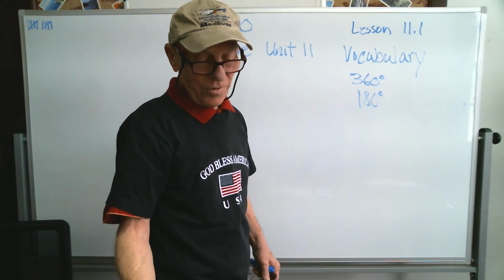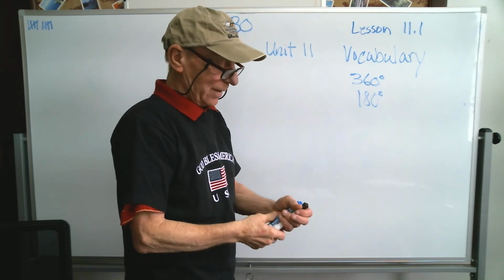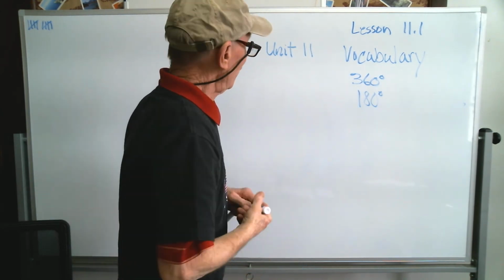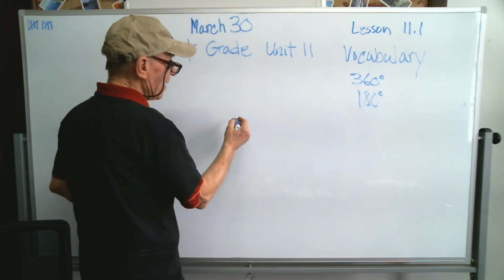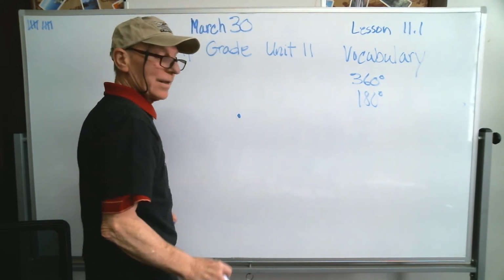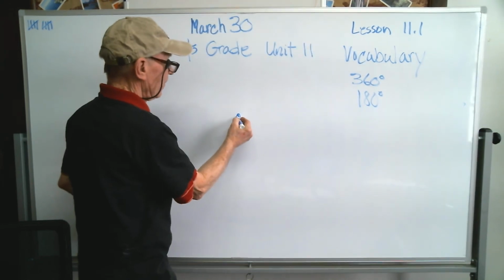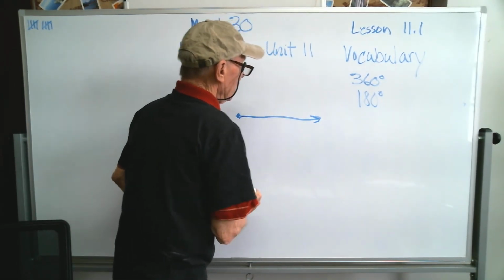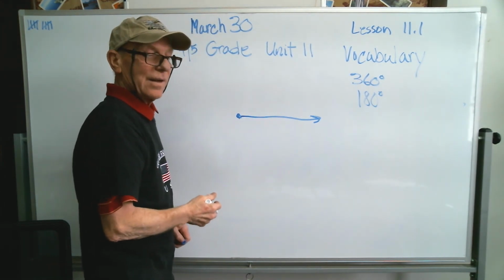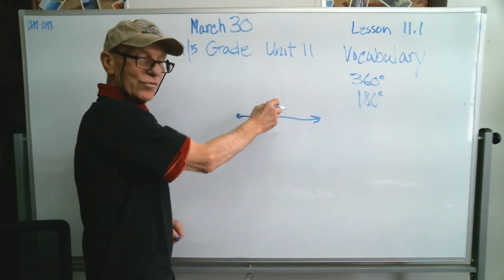Then the next term here is a ray. And I'm not quite sure why they have just that one term, but a ray is a point that moves in one direction.